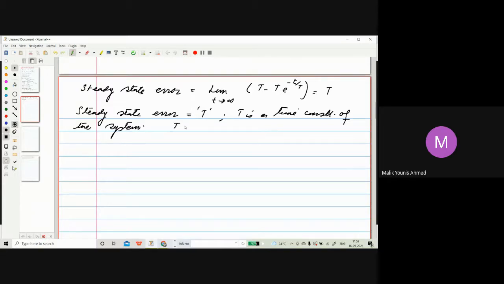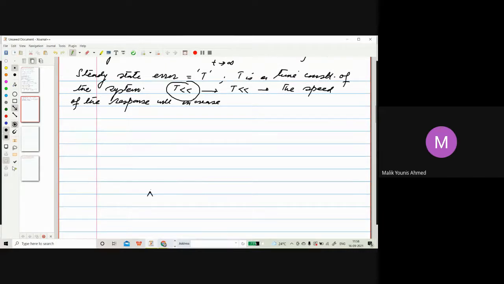If the value of T is less, the time constant will be small, and in this case, as the time constant is less, the speed of response will increase. That is, whatever the response we are getting, that speed is going to increase. So this is about this. Let me draw this so that I can show you.